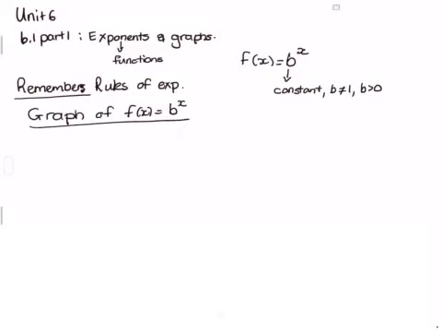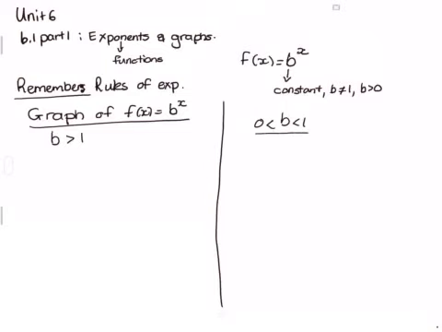Now, there's two situations, and that depends on this base number. If your base number is greater than 1, or, in the other case, if your base number is between 0 and 1, because remember it must be positive.